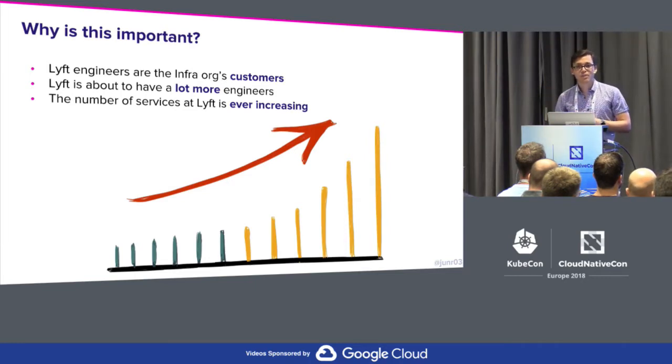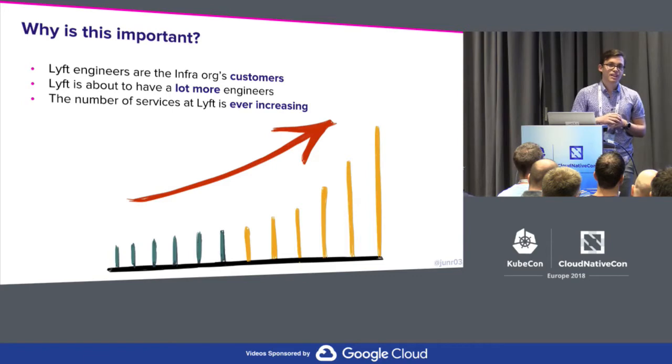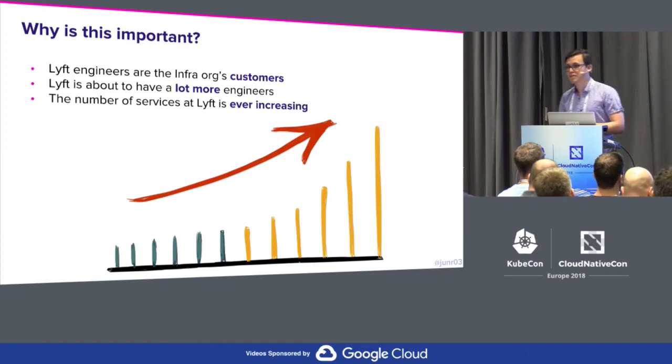By the end of the year, we presume to double our engineering org, which will bring us to over 1,000 engineers. So this means that the complexity of our system will increase. We have a microservice architecture, and so that means that with more engineers, more minds, more hands, more services. And so our distributed system is going to be more complex. How can we hide that from our service developers?